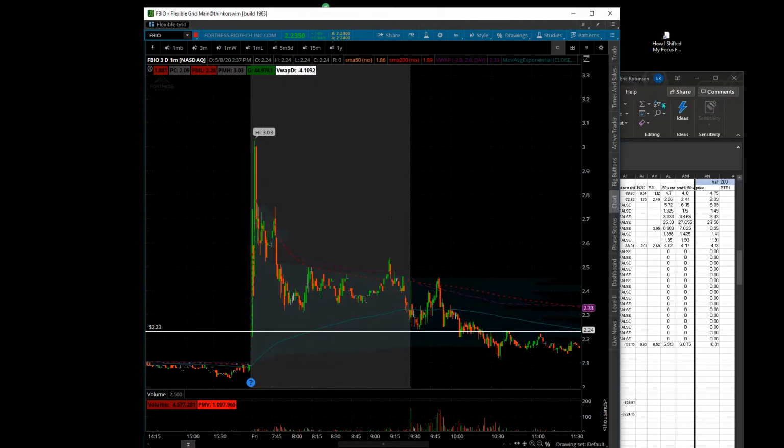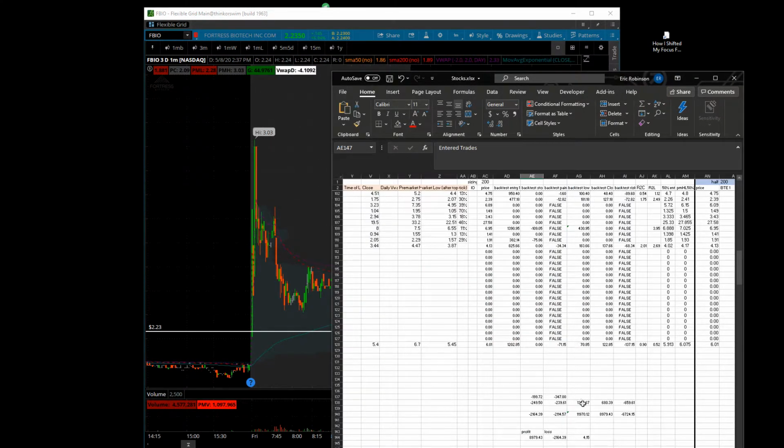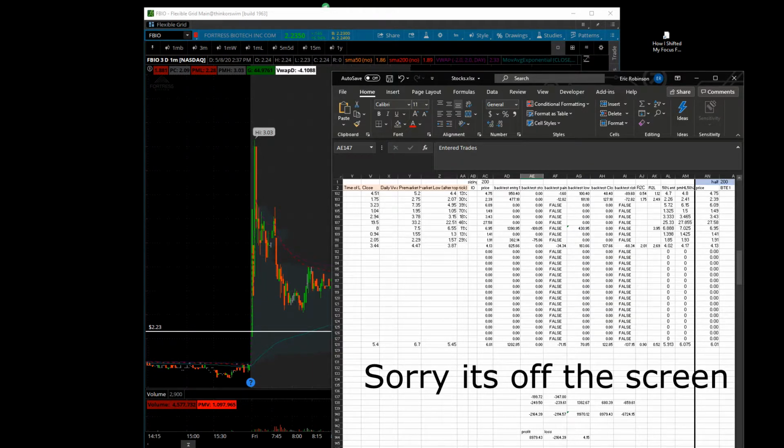So that back test amounted to 71 trades I entered, 32 trades I stopped out on. Profitable trades were 38, so the win percentage would have been 53%. The win-loss ratio was 1.18 to 1.